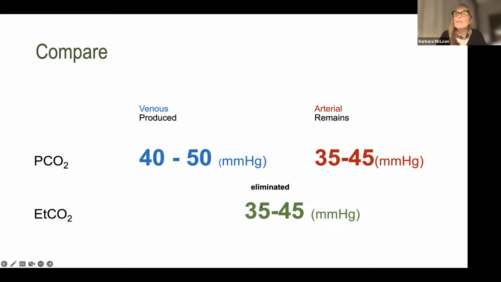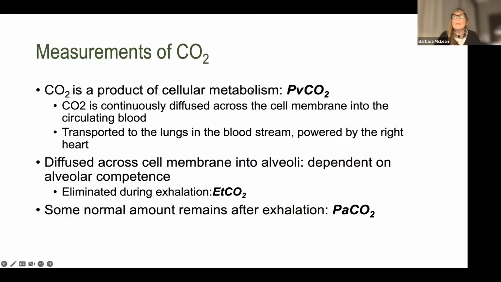Normal end-tidal is 5 less on either side, so 30 to 40. And venous or production CO2 is 40 to 50, plus 5 on either side. So really straightforward and really simple. Just remember, arterial 35 to 45, plus 5 is venous on either side, minus 5 is end-tidal on either side. And that's what you've got to remember when you're evaluating your patients and thinking about gaps.